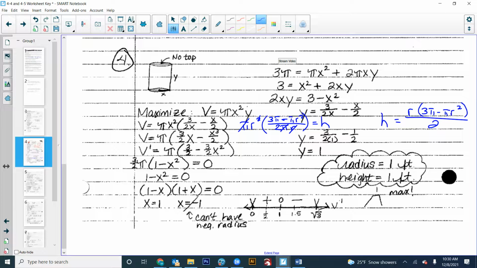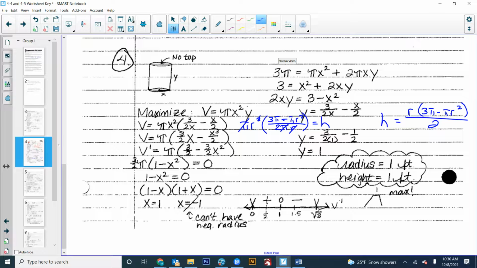Tyler? I have a completely different formula for h. Not the right answer. What'd you get? H is equal to 3 minus r squared over 2r. Because whenever I solved for h, you have that same answer up on the first 3 lines, divide both sides by 2x, and you just use r for x.